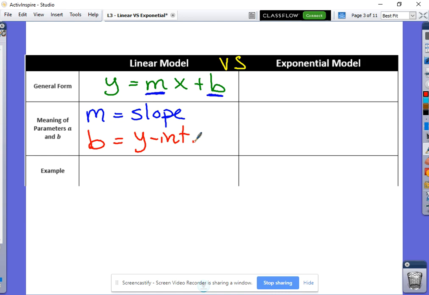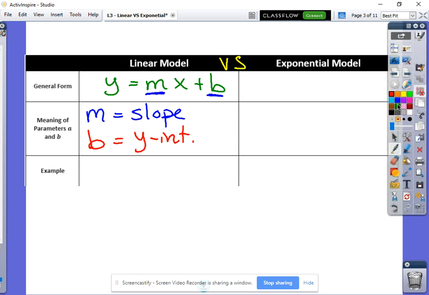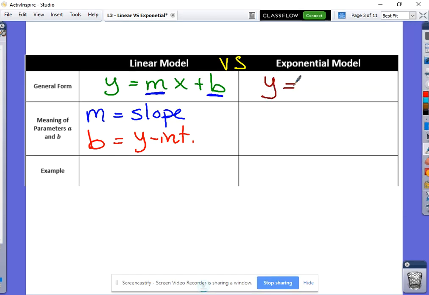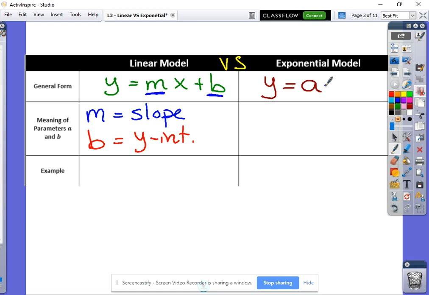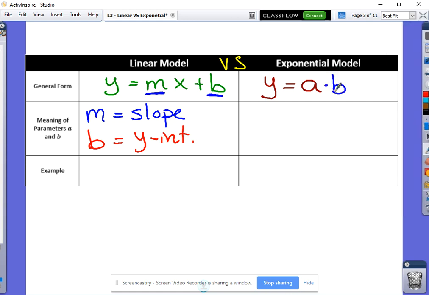All right. Now, the exponential model is very, very different than that. The way that the exponential model works is we still have y equals, but now we're going to start with what we call the letter a. We multiply the letter a times the letter b. And you might be thinking, oh, I already know what b is. Well, hold your horses. That's not the same b.